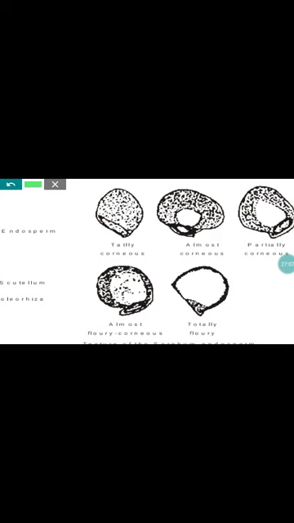Whatever internal structures are available should be exposed, so you have to divide the seed into two halves. If you cut the seed into two halves, on the inner side you can see the embryo and endosperm part. This is the central endosperm, and this is the embryo. At the base of the embryo, you can see a hairline, a black colored layer. Normally it appears like this.